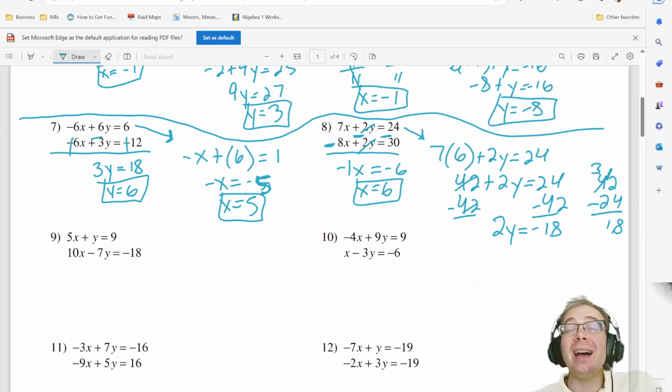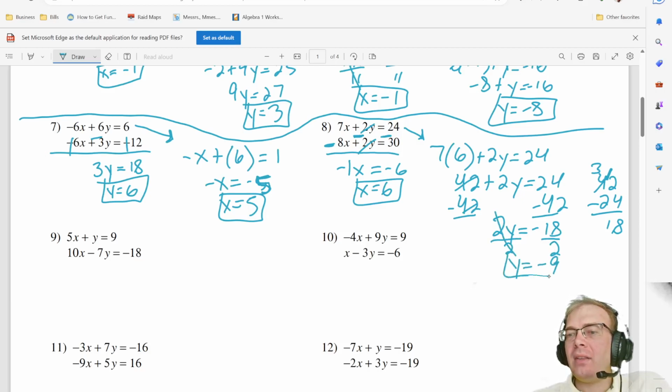I've tutored a lot of people in over 10 years of tutoring, and everybody from Algebra 1 to Calc 3 makes mistakes with their negative signs. So do not underestimate the power of negativity. Negativity can really bring you down, okay? So we want to be careful with those negatives. All right, negative 18 divided by 2 is negative 9, and that's going to be the answer for that one.